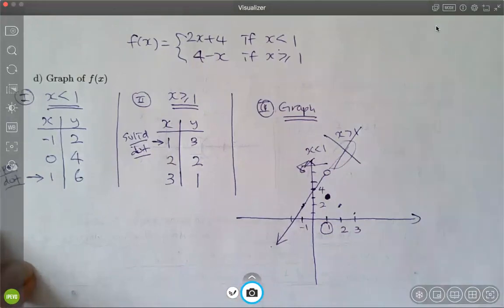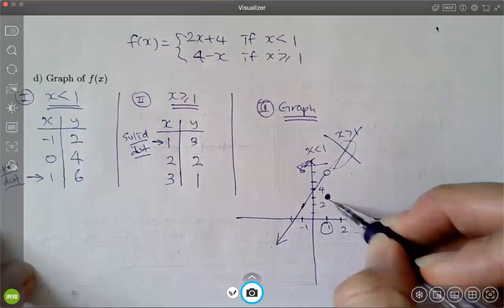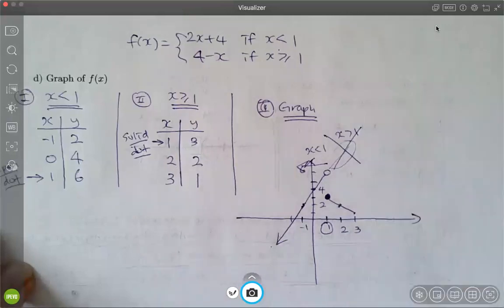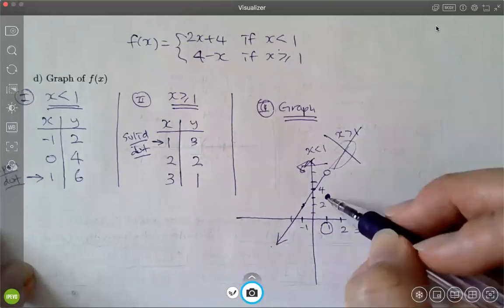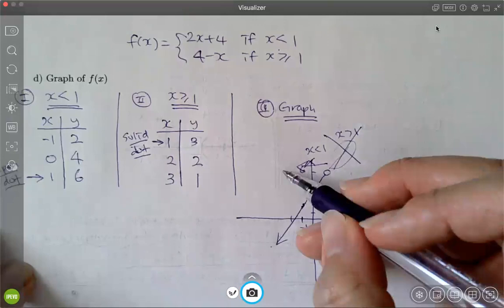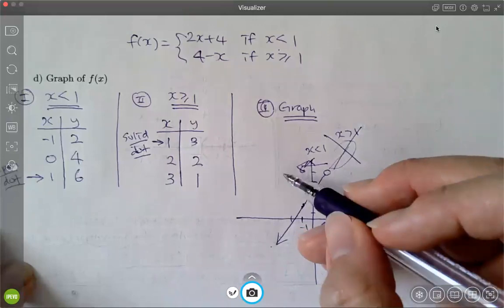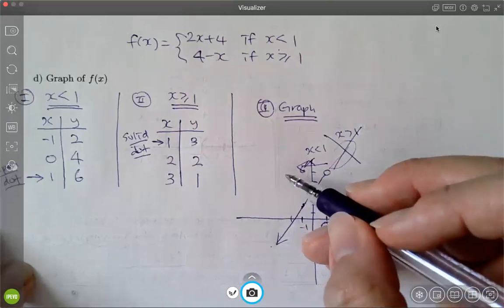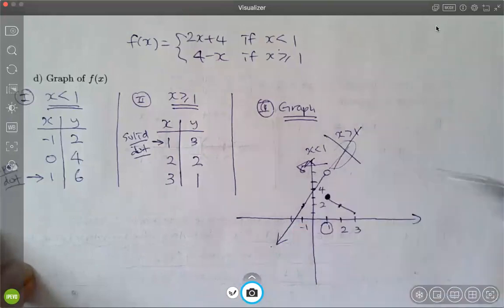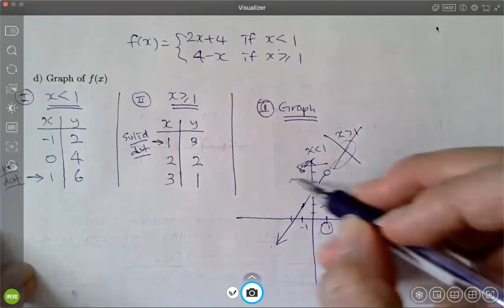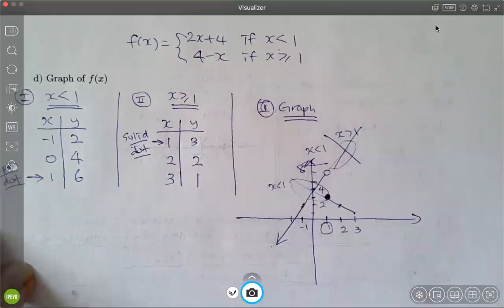And now the other 3 points. So obviously they form another line. And now same question as before, do we extend our line after this point? Like that? No. And what's the reason? Because if we do like that, then this portion corresponds to anything less than 1, but that's false, right?